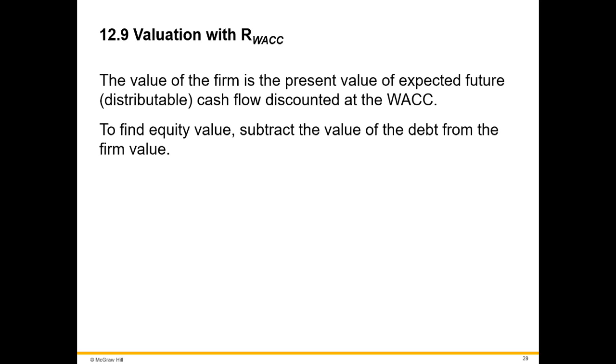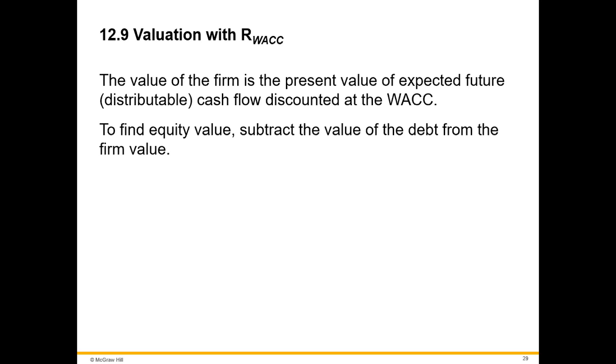So once you have your after-tax cost of debt and your cost of equity capital, the next thing you do is compute the proportion of debt and equity from the market values given. So the market value of the debt is 40 million and the market value of the equity is 60 million. So together, the total market value is 100 million.